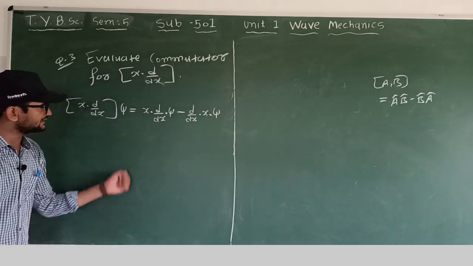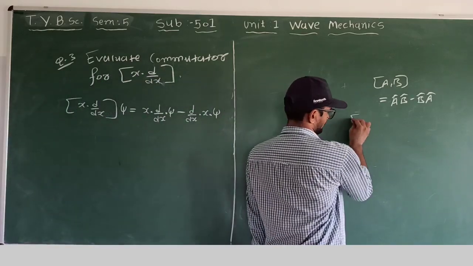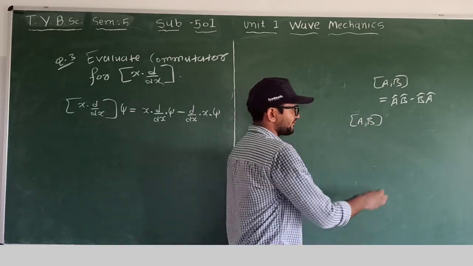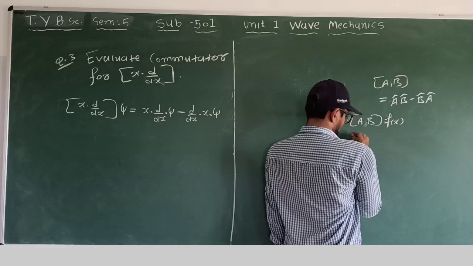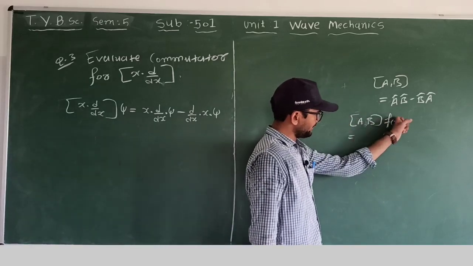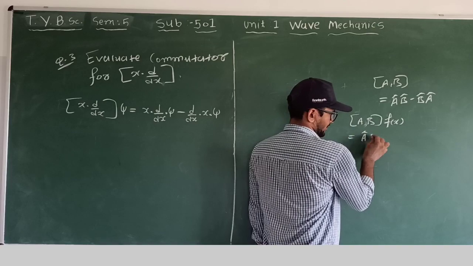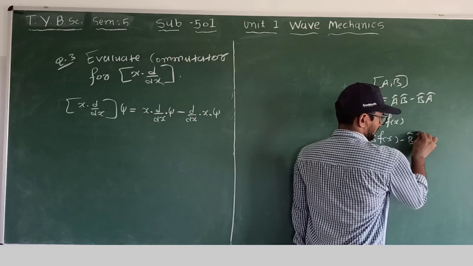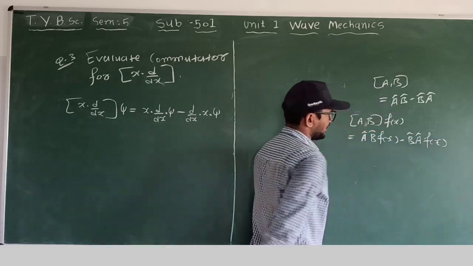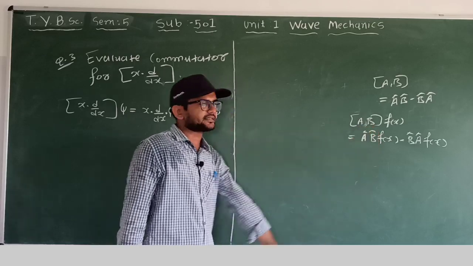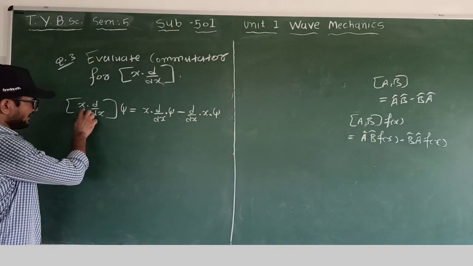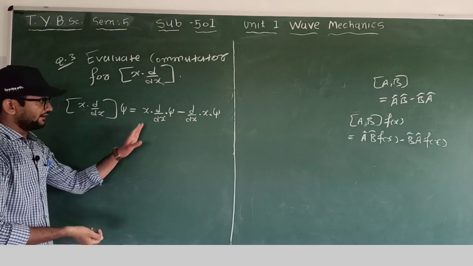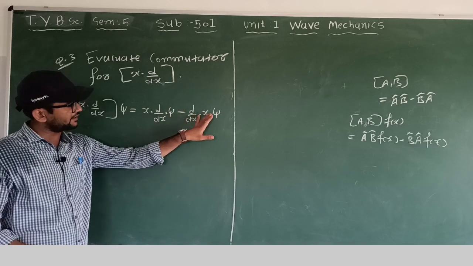It follows this condition: suppose two operators A and B are commutator operators with function f(x), then it is equal to A cap B cap f(x) minus B cap A cap f(x). So apply this mathematical expression in this case.